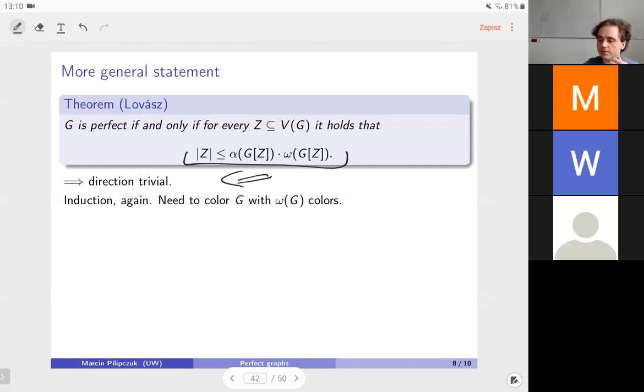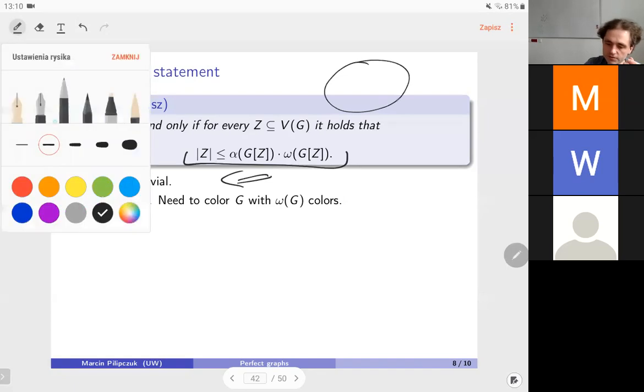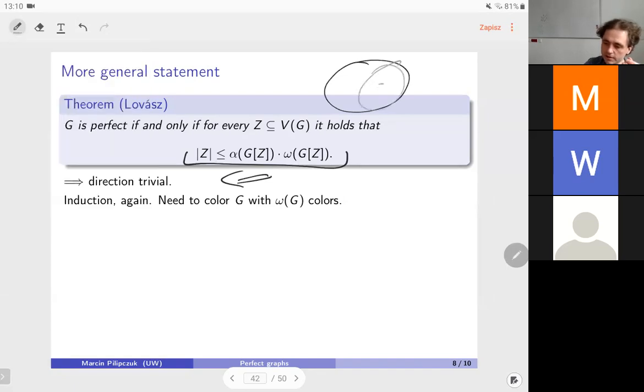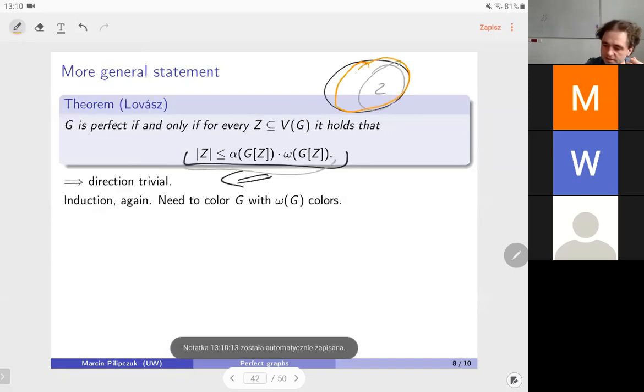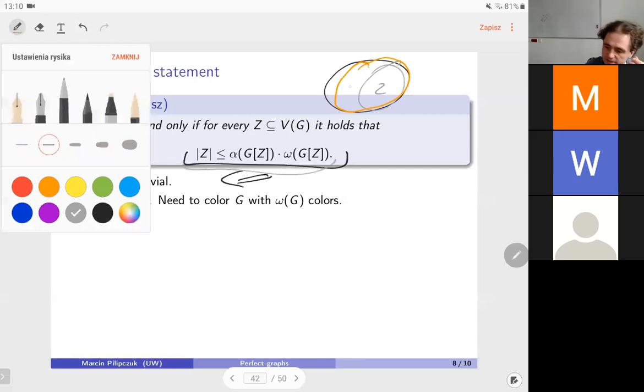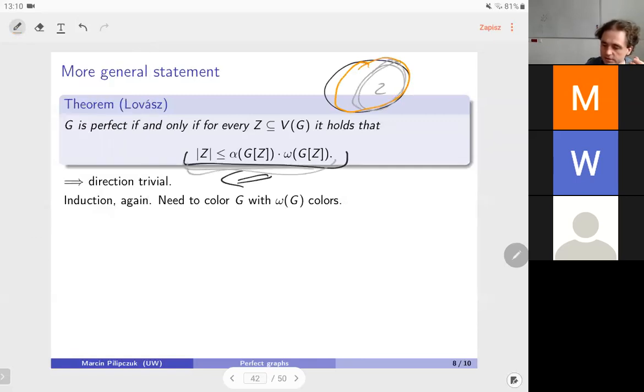You have got the entire graph, and you know that for any set Z inside, you have got this inequality. Which means that for any proper subset, any subset inside it has got this inequality. So by induction hypothesis, any proper induced subgraph is perfect, because the assumption is satisfied for any induced subgraph of your graph.